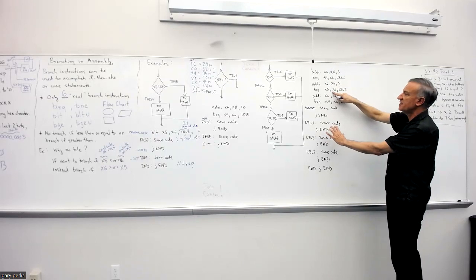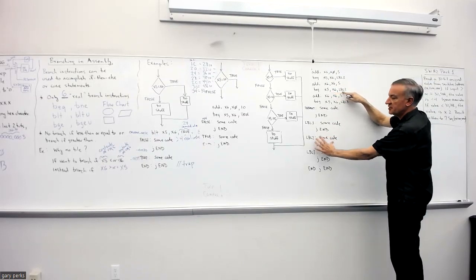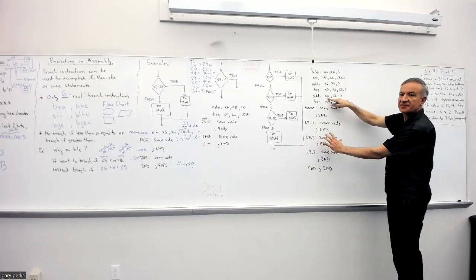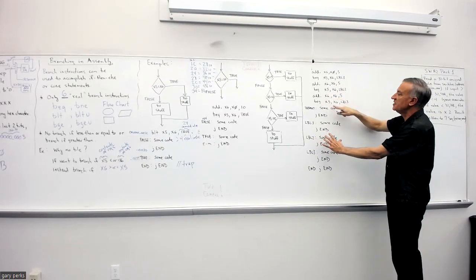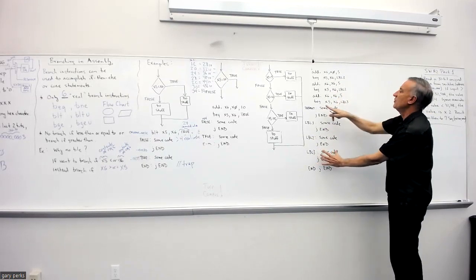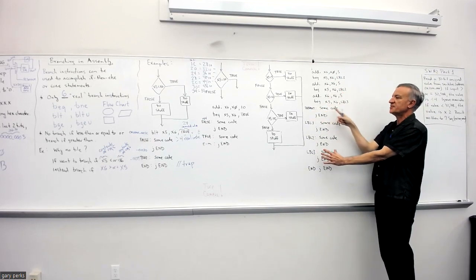Do that comparison. If it's true, it'll do this code. If not, it just drops down to this next add I, add another 5, and we'll end up with the result of 15. Do the comparison. If it's true, do this code. And then if none of it's true, we just have some default code.